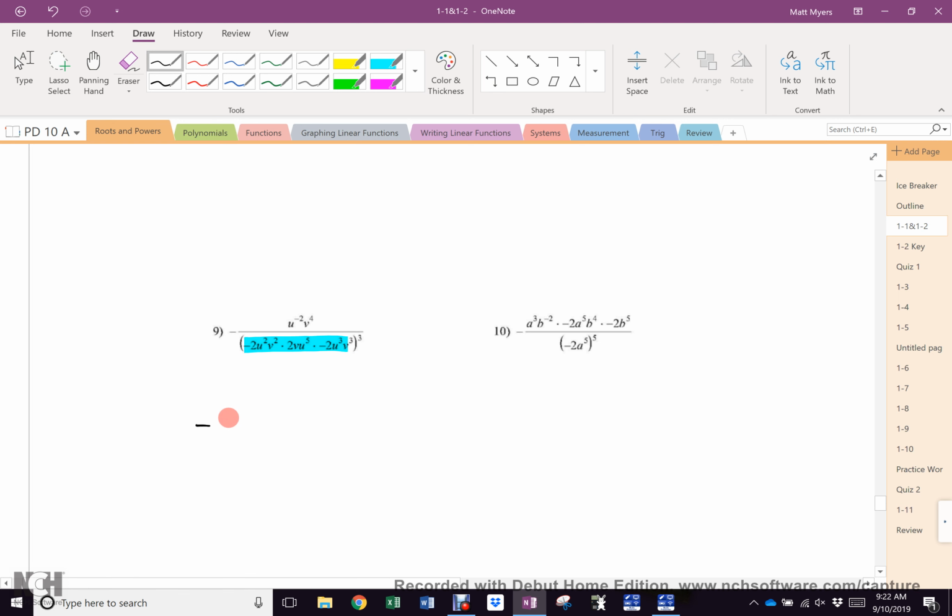So, I'm not touching the top. I'm not touching the negative. I am going to leave that negative way out here. I'm not going to worry about it. I'm going to clean up in there. What is negative 2 times positive 2 times negative 2? Now, those are all the same base, aren't they? Right? Are they? Yeah, they are, because they're all within the bracket.